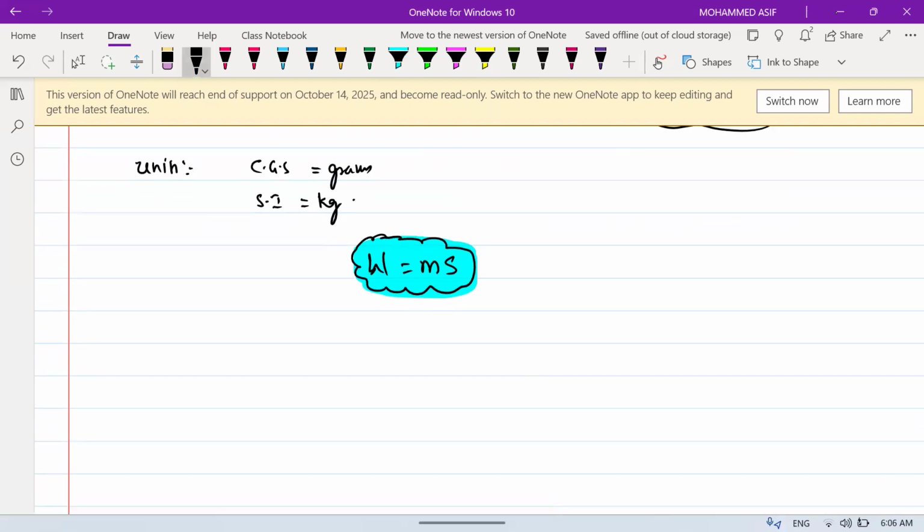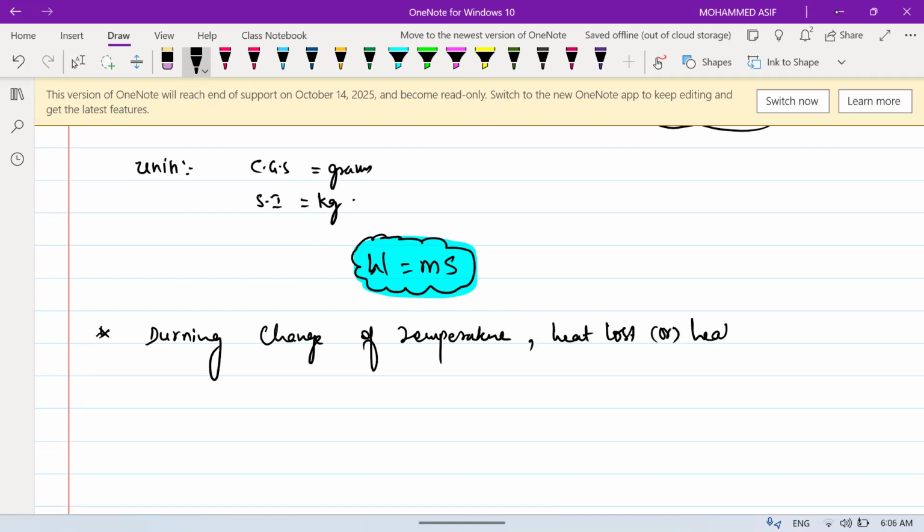Small point. During change of temperature, whenever you give a certain amount of energy, if you see that there is change of temperature, then we say that heat lost or heat gained Q is equal to M into S into delta T. Delta T is your temperature difference.